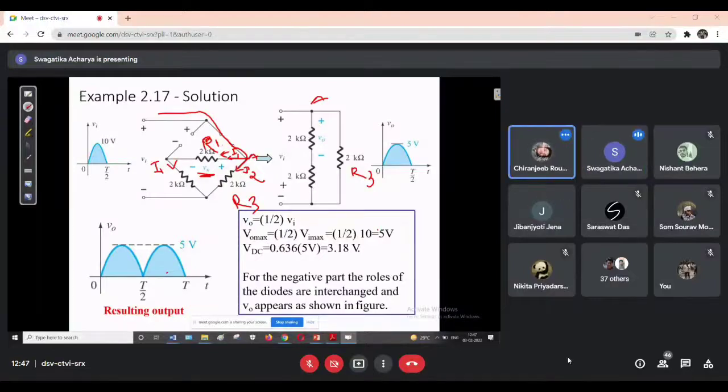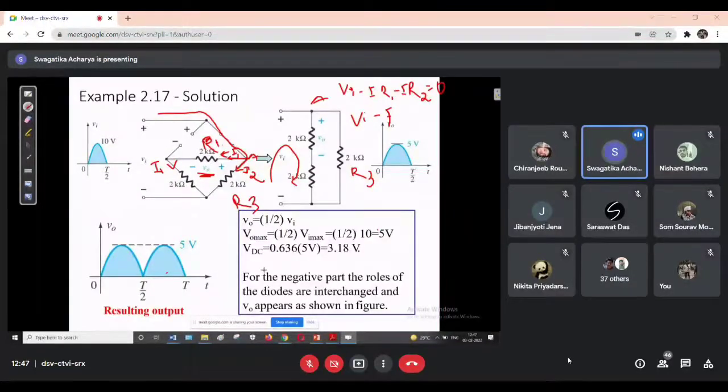You apply KVL yourself. If you apply KVL you will understand, because both are having the same R value, that is 2 kilo ohm. So VI minus I into R1 minus I into R2 is equal to 0, and R1, R2 are the same, so you can say VI minus I into R, and you can take common.